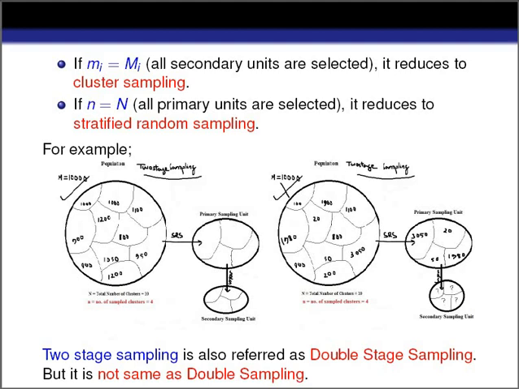Now, two-stage sampling is also referred to as double stage sampling, but it is not double sampling. There is a difference between double sampling and double stage sampling.